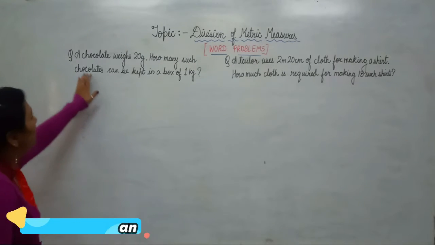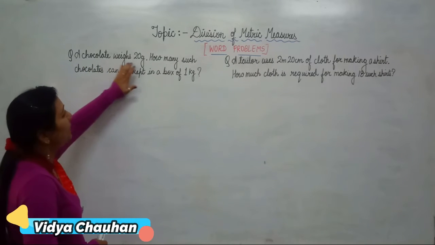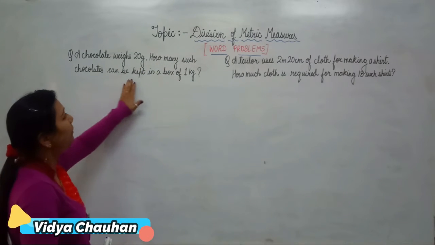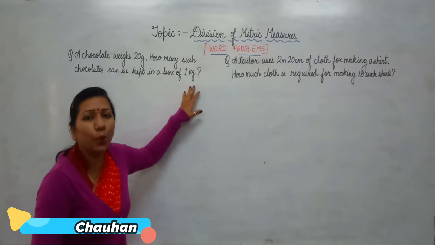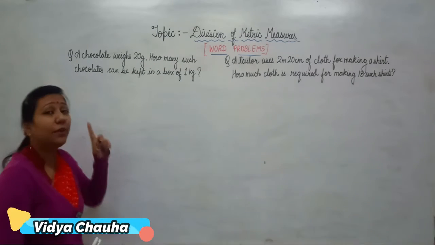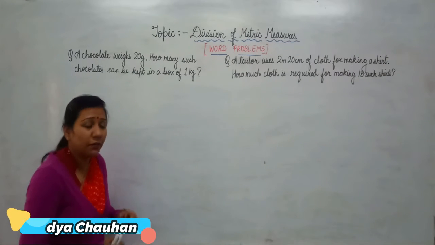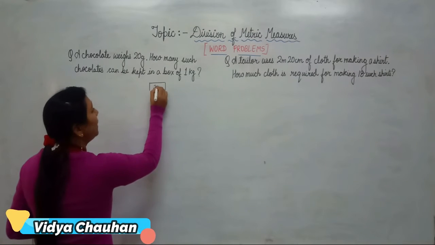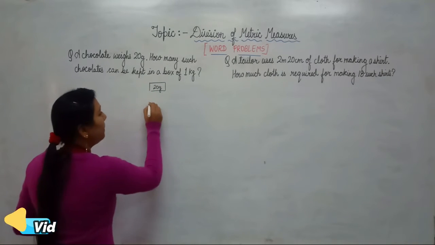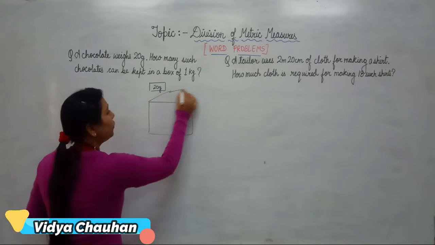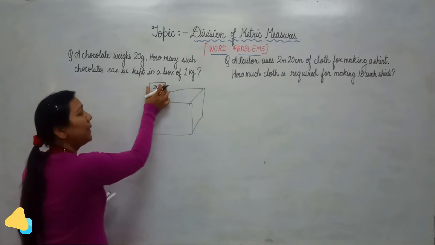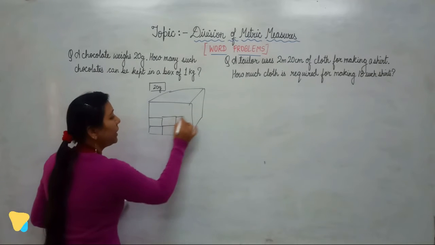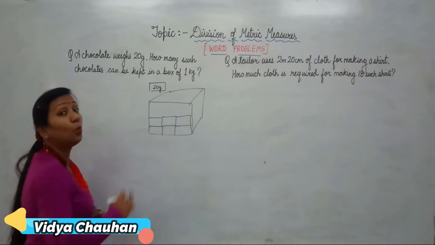Reading the first question, it says a chocolate weighs 20 grams. How many such chocolates can be kept in a box of 1 kg? So if the weight of one chocolate is 20 gram, and a big box is given to you, it is being asked how many chocolates of 20 gram each you can keep in a box which is of 1 kg.